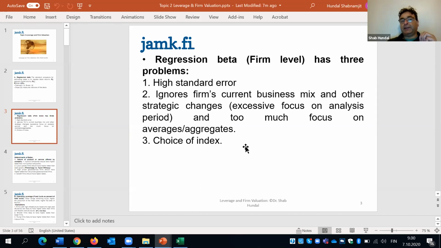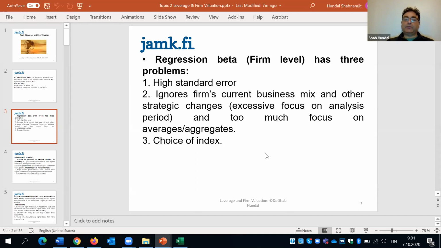You never give more weight to the recent past in comparison to the distant past. And in the recent past, you might have brought many changes in the business mix, strategy and organization. You might have launched a new product just 2 months ago. But when you mix that stock return from 2 months ago with what happened 20 years ago, you are basically creating a mess. Sometimes too much data doesn't reflect the qualitative changes.